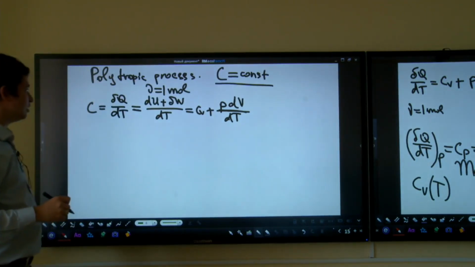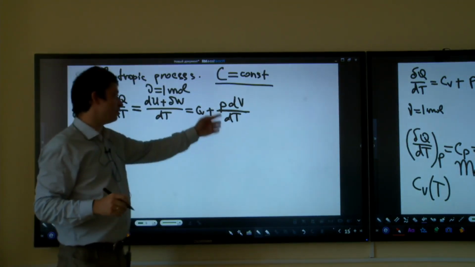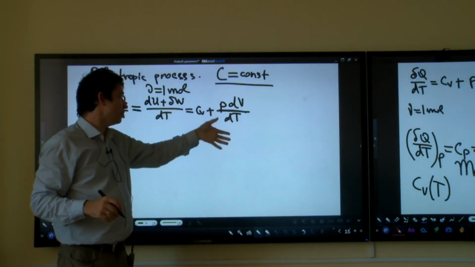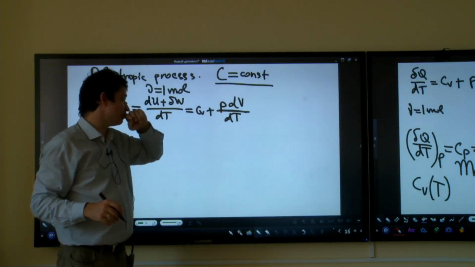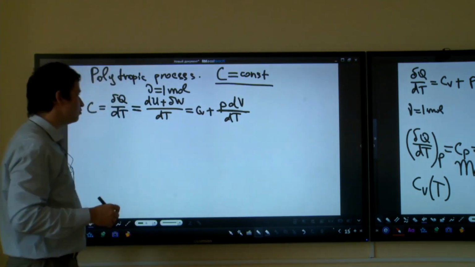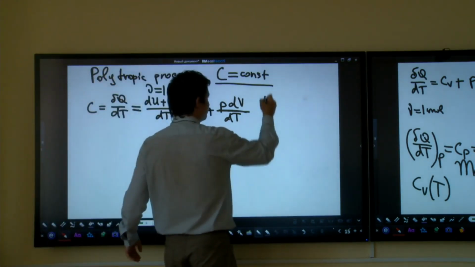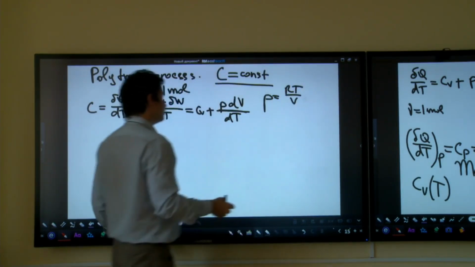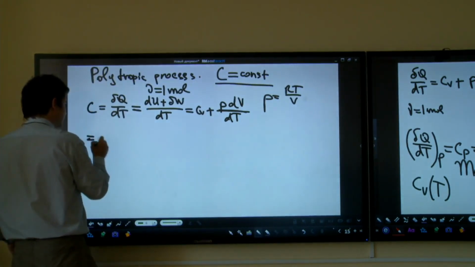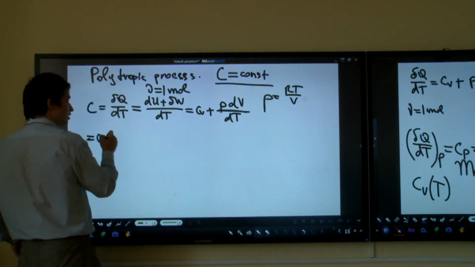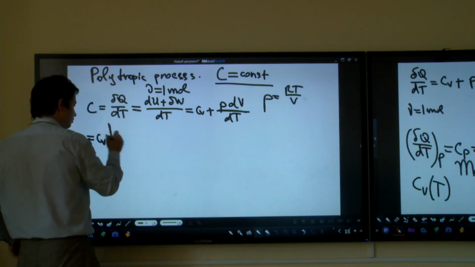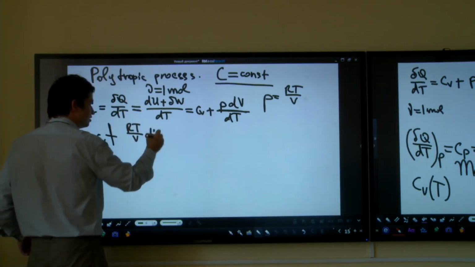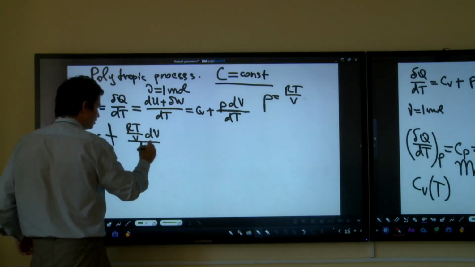So that gives me Cv plus P dV over dT. Now I have too many variables: pressure, volume, and temperature, and one variable is redundant. I can express, for example, pressure as a function of temperature and volume. So I insert this here. That would give me Cv plus RT over V times dV divided by dT.